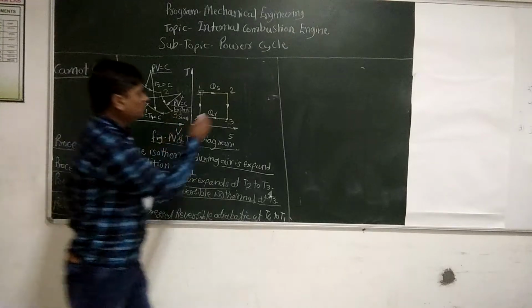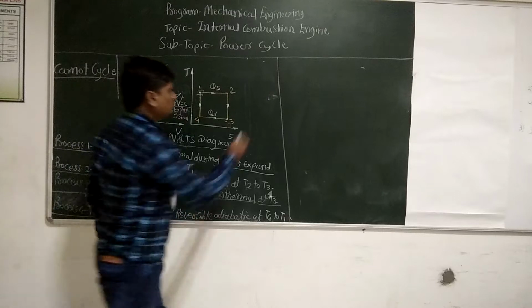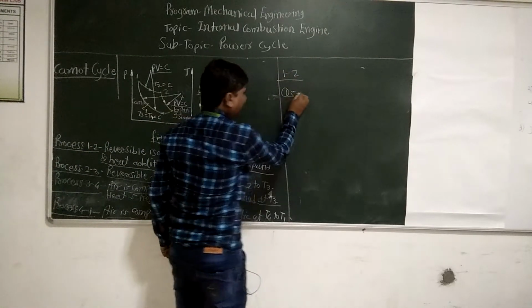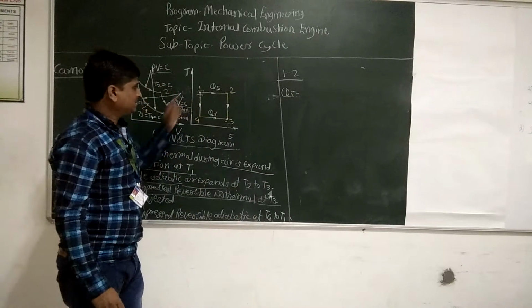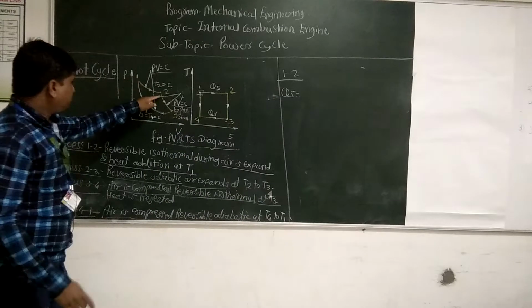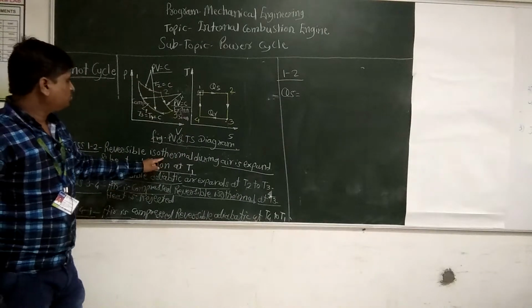Now the formula for process 1 to 2, where heat is supplied in a reversible isothermal process.